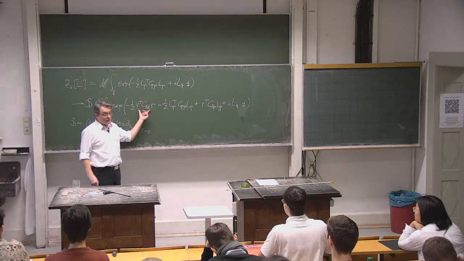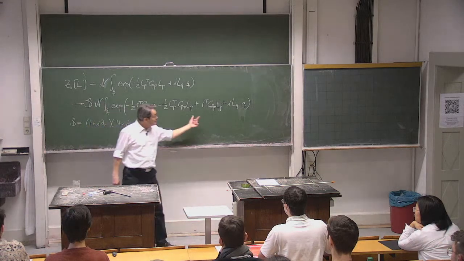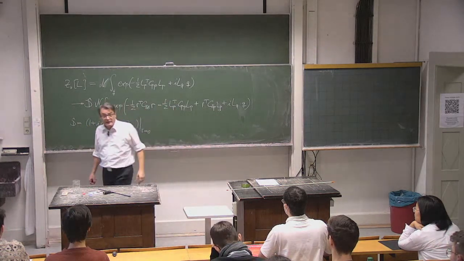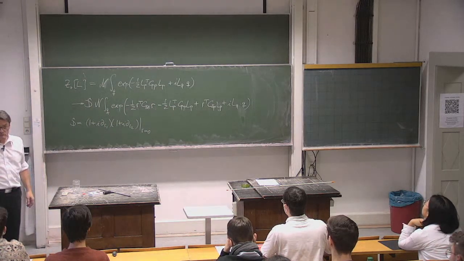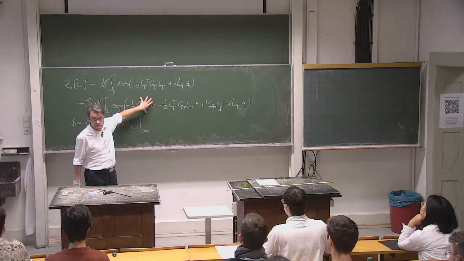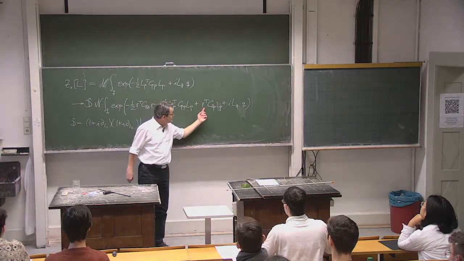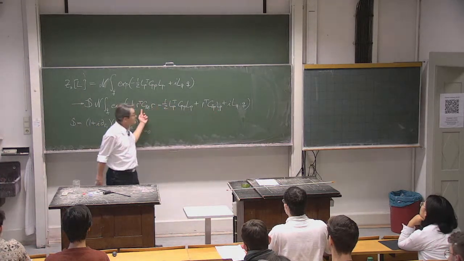I do get one contribution that remains linear in R, and one contribution that does not contain R anymore. And then I set R to 0, and this is gone. And only this term remains, and the exponential shrinks to what we had before.